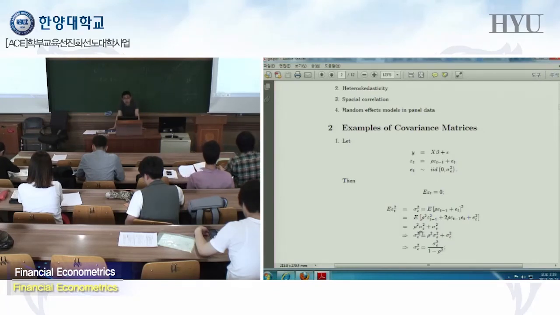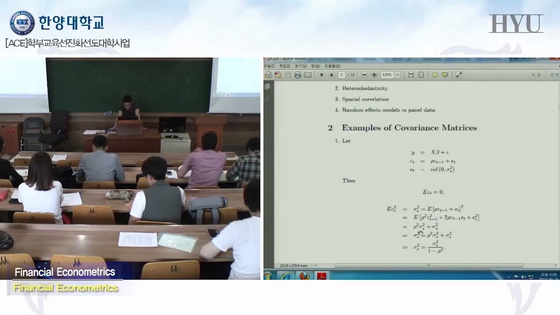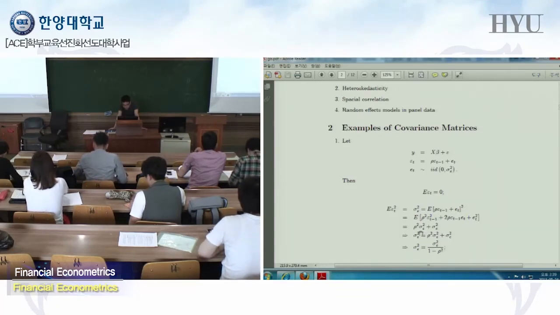The second term goes away because the expectation of e t is 0, and at time t, epsilon t minus 1 is already given and independent of e t. As for the third term, the expectation of e t squared is sigma e squared.